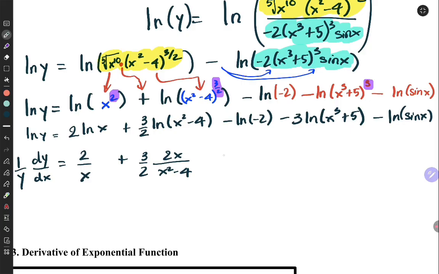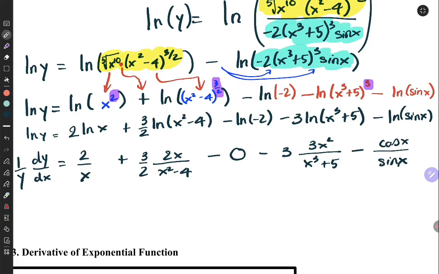Third term: 0. Fourth term: 3x squared over x cubed plus 5. Last term: cotangent. Okay, so I'm going to put cotangent as the next step.